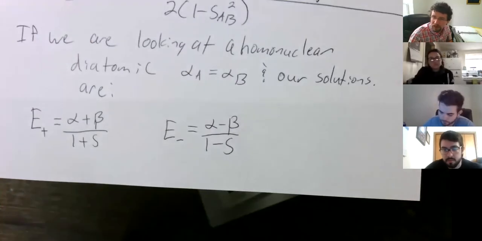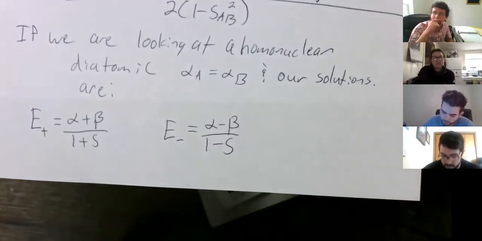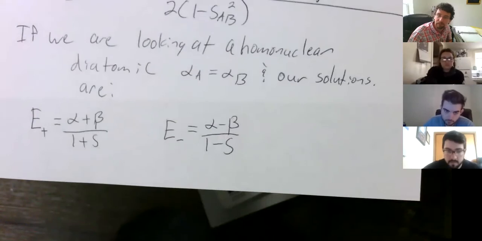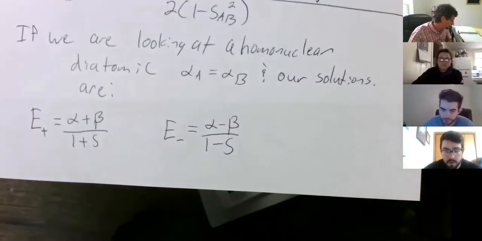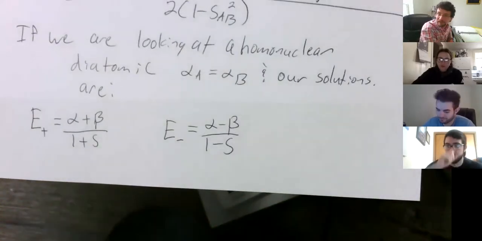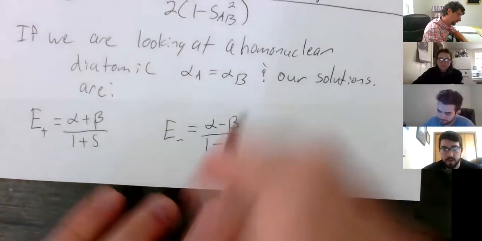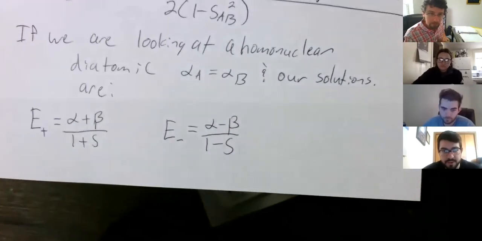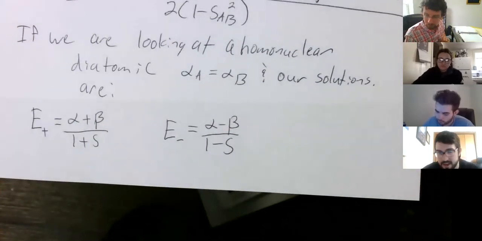Now if we're thinking about a hydrogen atom, what are these things? Bonding and anti-bonding orbitals. Yeah, these are the orbital energies for that system. Just a quick question. So we're looking at a homonuclear diatomic molecule?